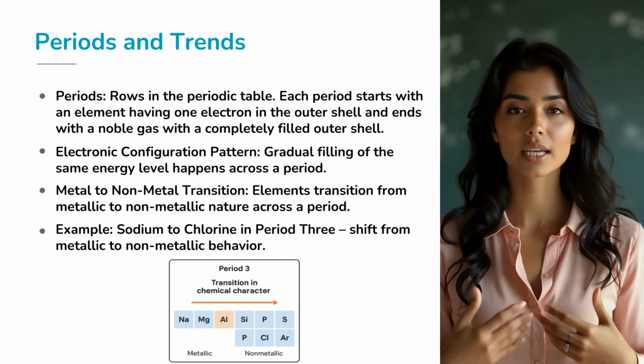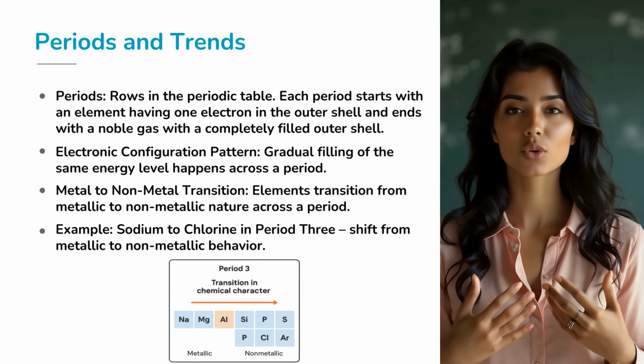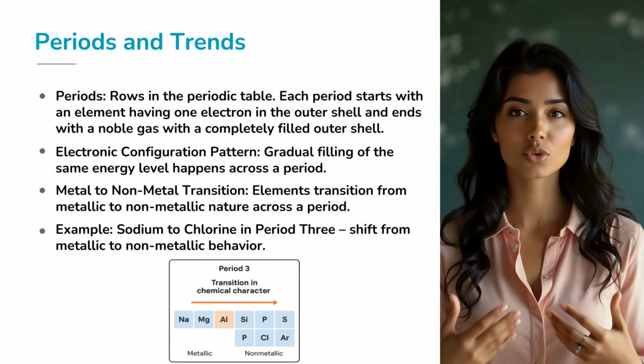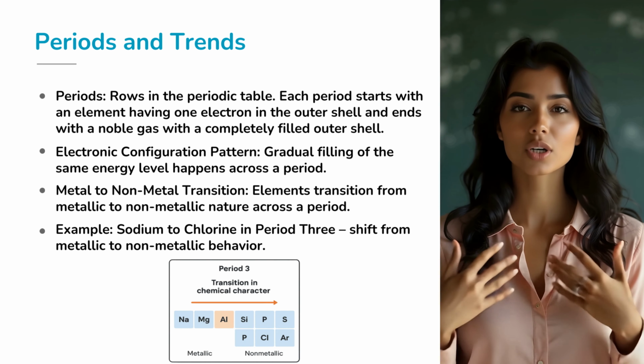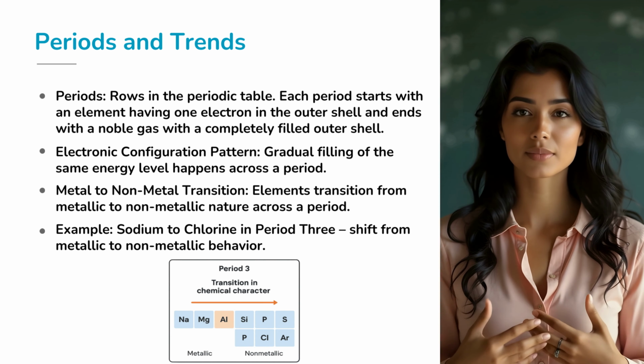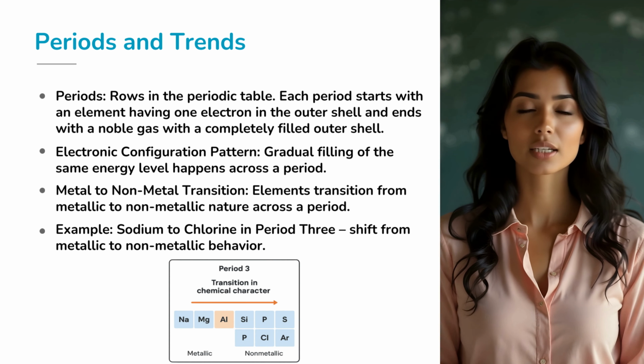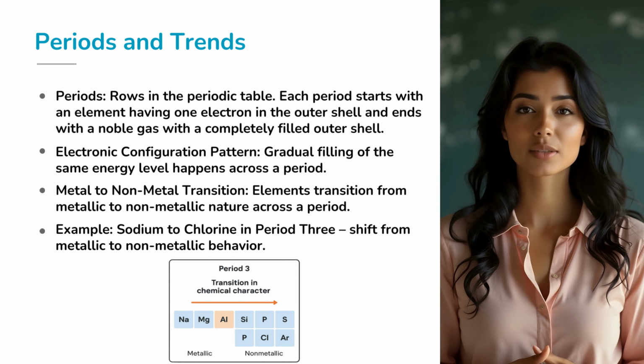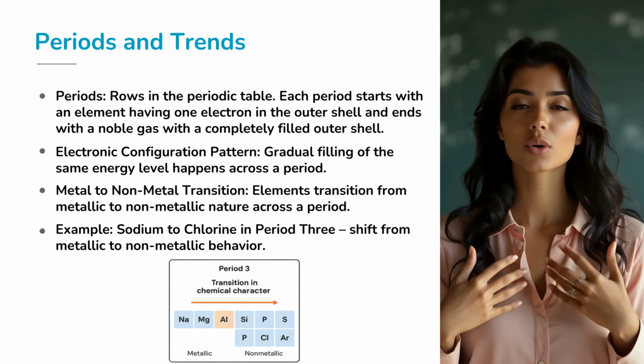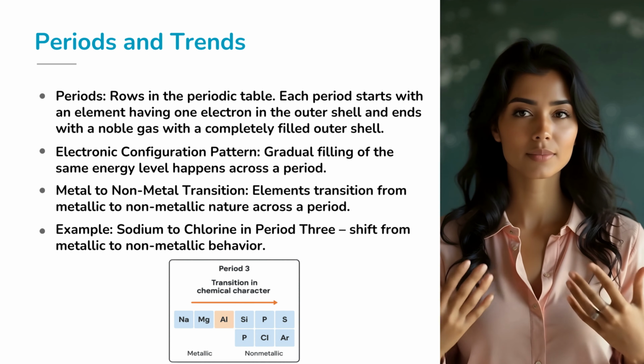For example, in period 3, we move from sodium, a reactive metal, to chlorine, a nonmetal that strongly attracts electrons. This shift is not random, it's a direct result of changing atomic structure, with electrons being added to the same shell and the nucleus pulling them in tighter.